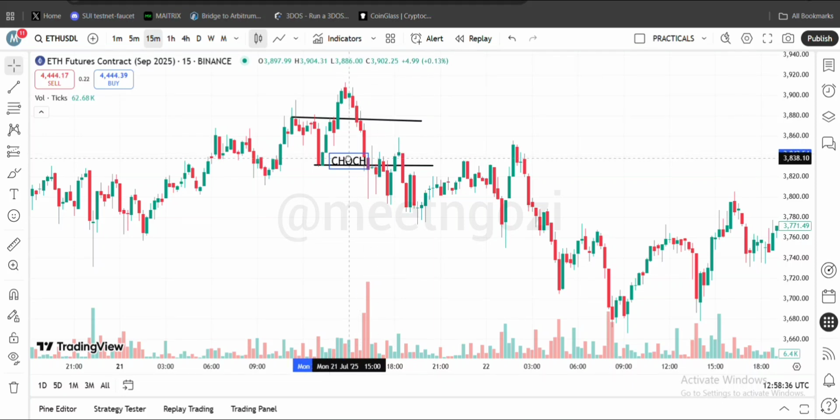Okay, so this is the point we call change of character, and it's often a pointer that the market is changing direction. At that point where the market took out the previous higher low to go below down here, it's a signal that the market is changing direction. So what again will you be looking out for?